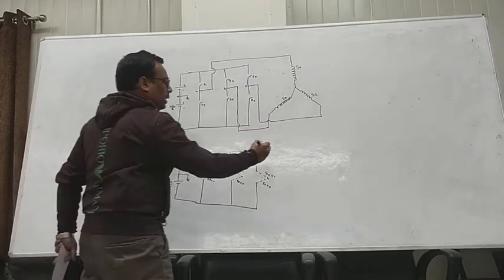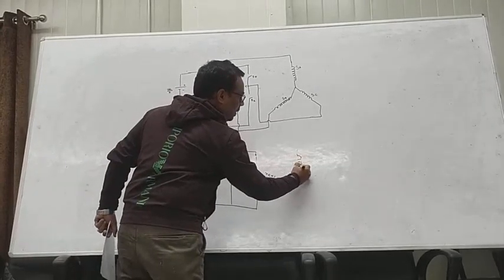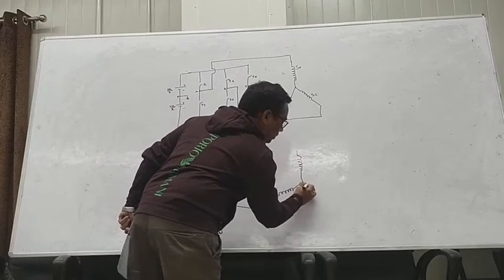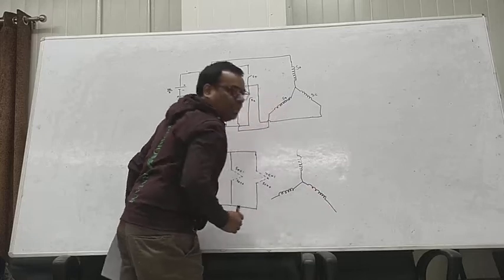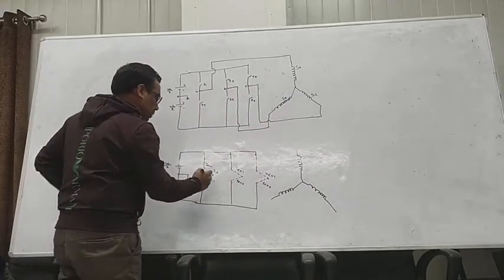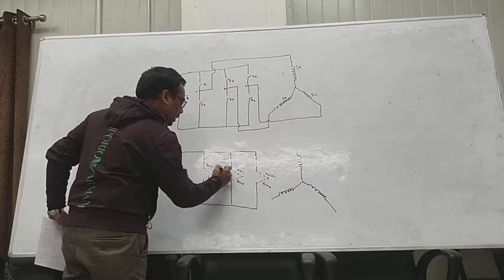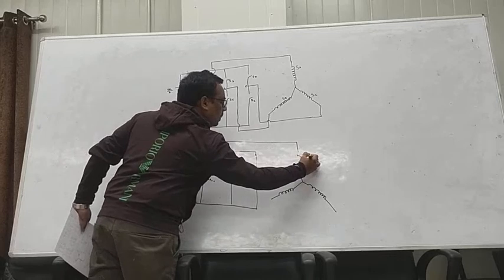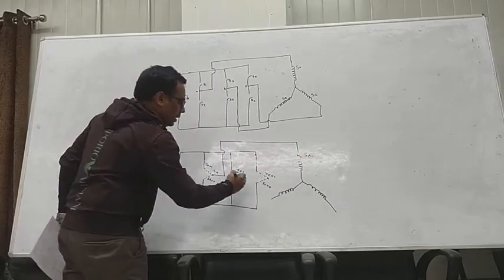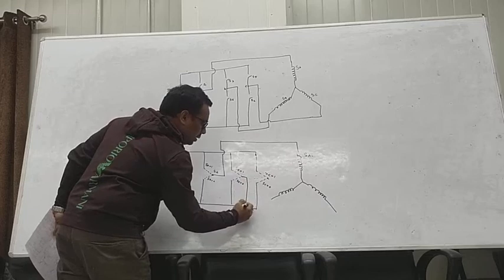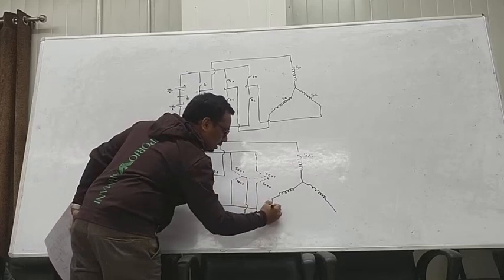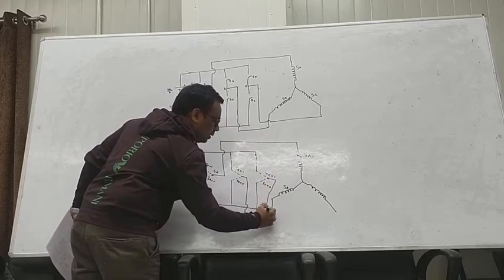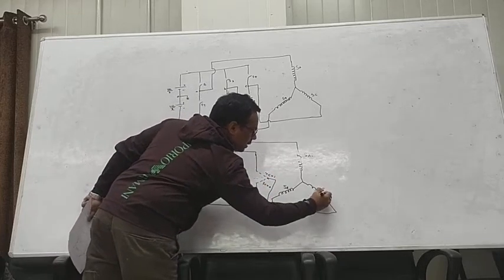Now again we consider phase A, phase B and phase C. This point is connected to SA of the induction motor, this is SB connected to SB here, and this is SC connected to this SC.